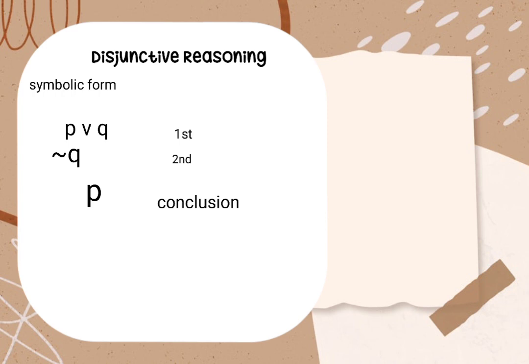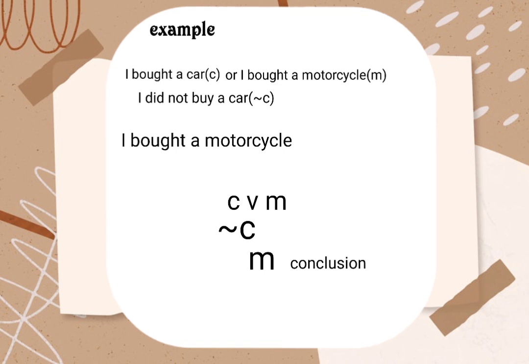Paano naman natin siya gagamitin sa isang statement? So, for example, meron tayong I bought a car, C, or I bought a motorcycle, M. I did not buy a car, not C. So, ang first premise natin is magiging C or M. Then, the second premise is not C. So, ang magiging conclusion natin is M. So, ang magiging sagot is I bought a motorcycle.